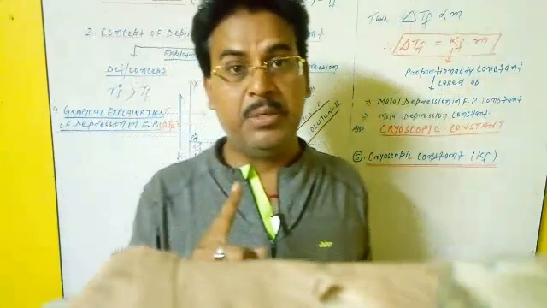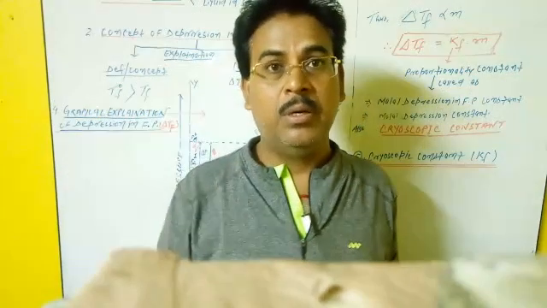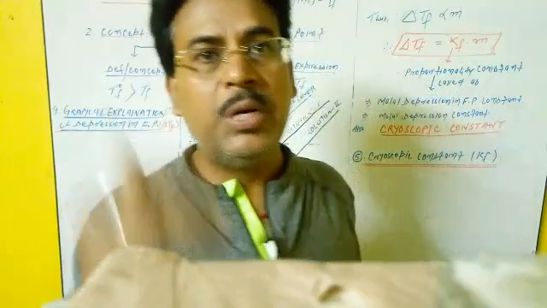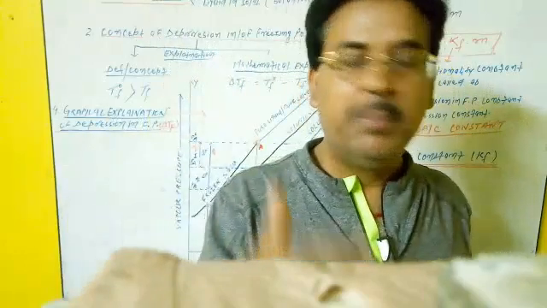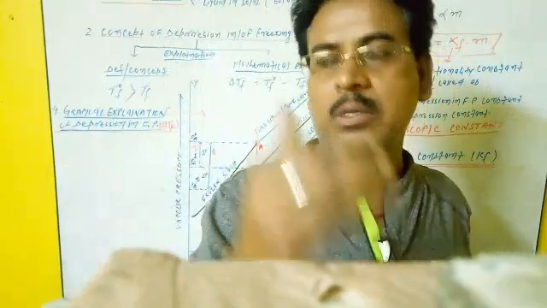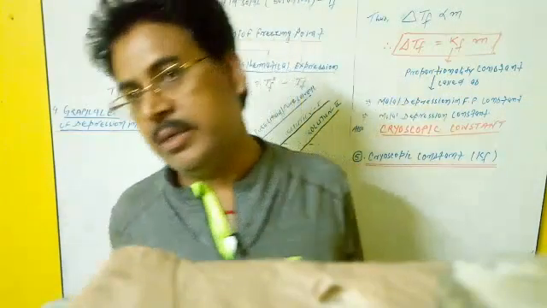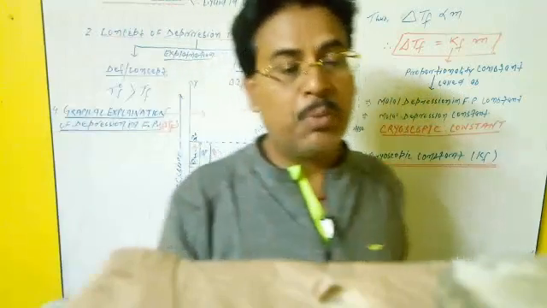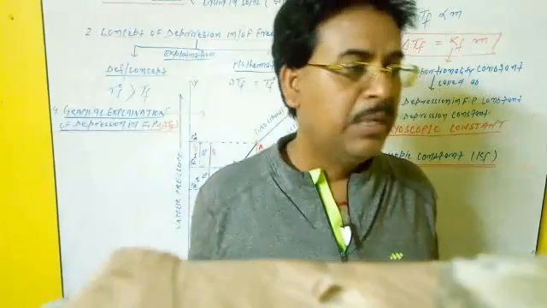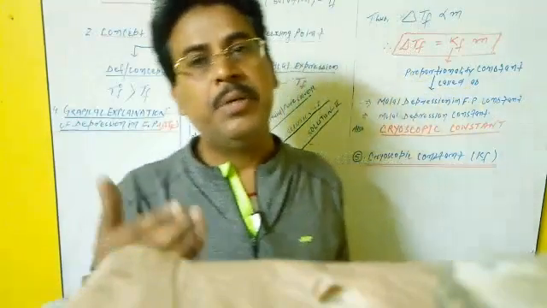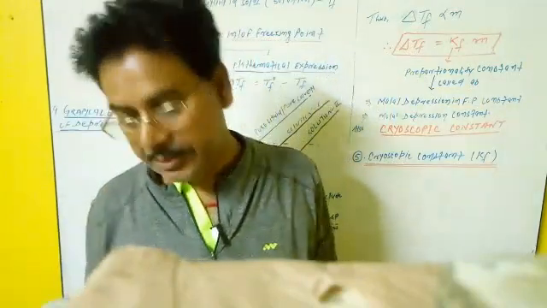Again we repeat the definition, listen carefully. The temperature at which any liquid begins to freeze, that means converts into the solid state, and the frozen crystallized solid and its own liquid are in equilibrium is called the freezing temperature or freezing point.